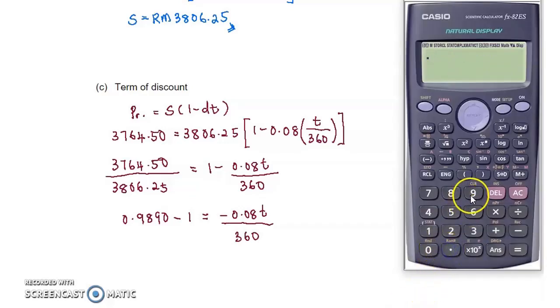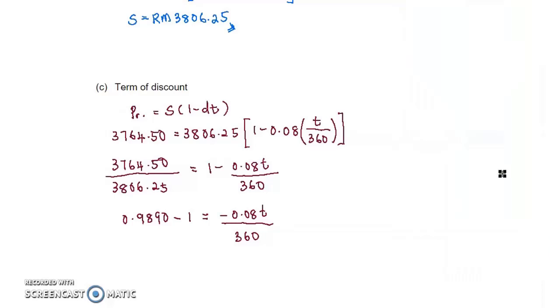Okay, 0.989 minus 1 equal to negative 0.011. Okay, make T as the subject. So divided by 360, you bring to left hand side, multiply by 360. Multiply here, bring to left hand side now become divide. So divided by negative 0.08.